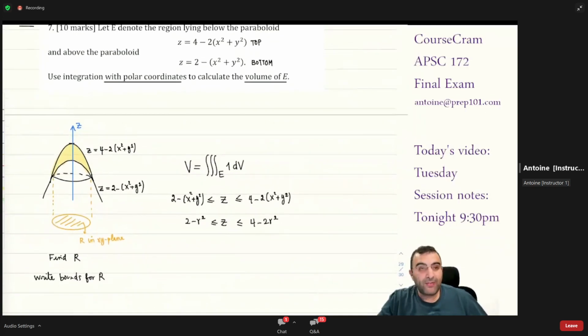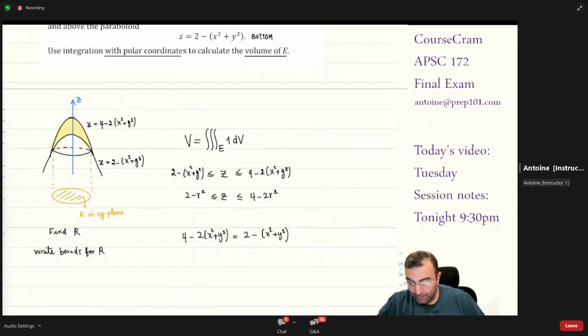Okay. How do I find the intersection of these? How do I eliminate Z to get to the region in the XY plane where I'm going to make them equal? Thank you, Brooklyn, for telling me. So we have 4 minus 2 times x squared plus y squared equal to 2 minus x squared plus y squared.